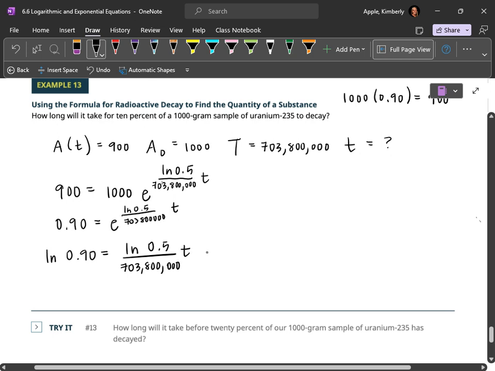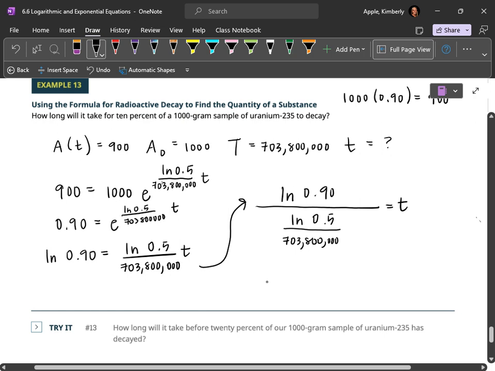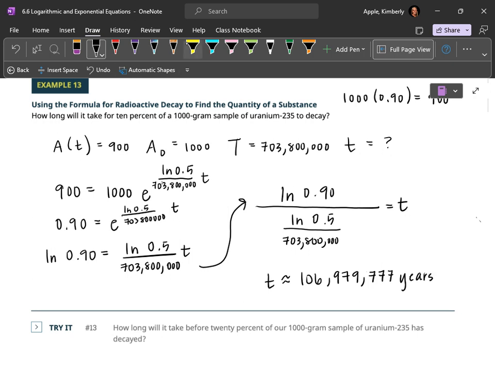And then because the operation with the variable we're trying to solve for is multiplication, I can just divide by all of this, right? So in my calculator, I can just put a fraction in a fraction, and I'll just have divided by ln of a half divided by 703,800,000. And then that will give me my desired t value, which will be approximately 106,979,777 years. Wow, that is a super long time.